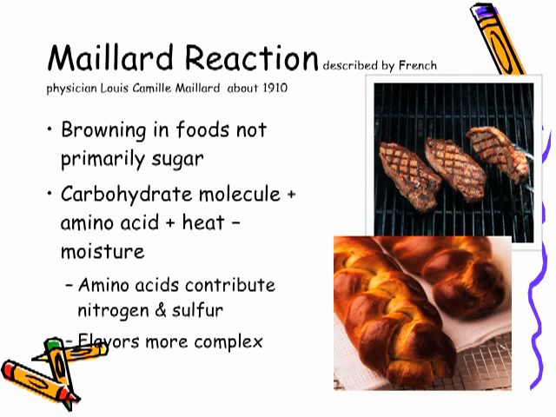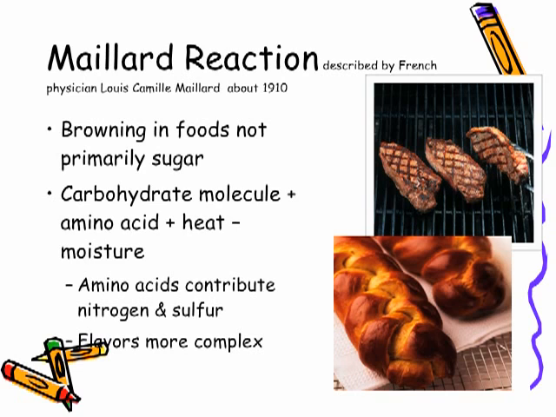The Maillard reaction occurs in foods that are not primarily sugar. Mostly we think about it in terms of meat, but it also occurs in items like bread crust, and in some vegetables. It's where you have a carbohydrate molecule, an amino acid, can be a lot of amino acid or just very little, plus heat in the absence of moisture.